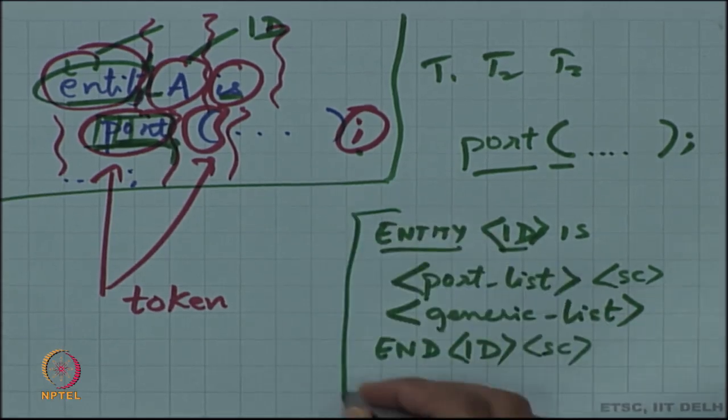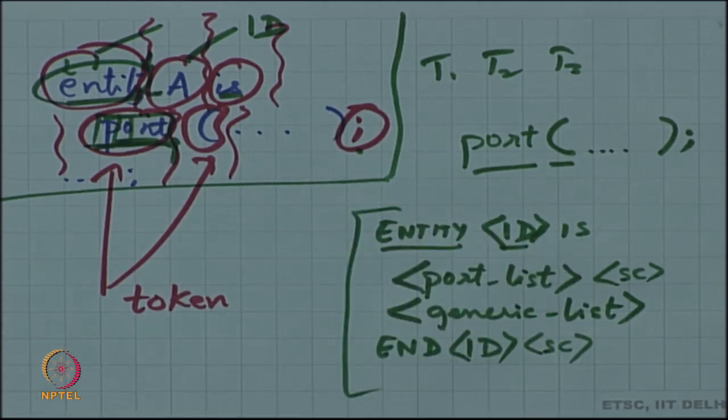You see that this is an effective high level capture of what to expect in an entity declaration. Any entity that the language permits you to write, I should be able to anticipate in what is called a grammar rule.